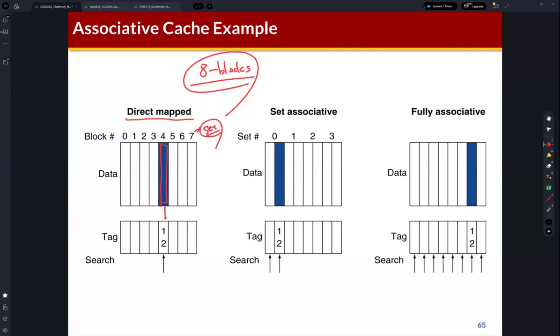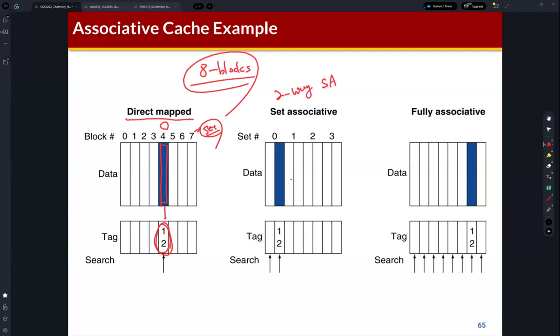So if the index is determined from the address, then we can compare just one tag. This is the direct mapped cache. And this is the example of a two-way set associative cache.